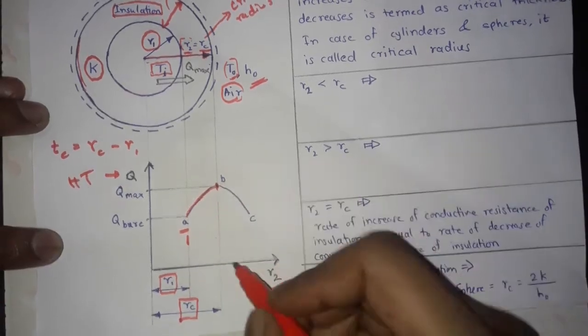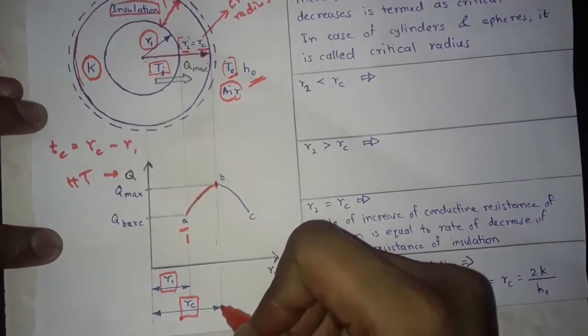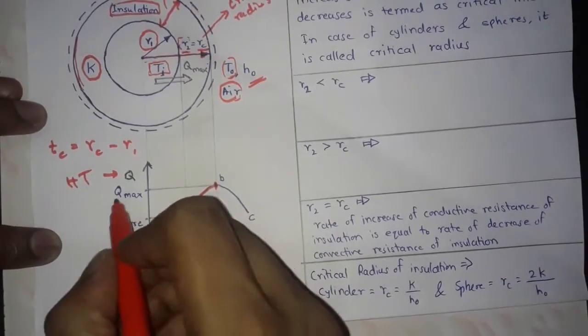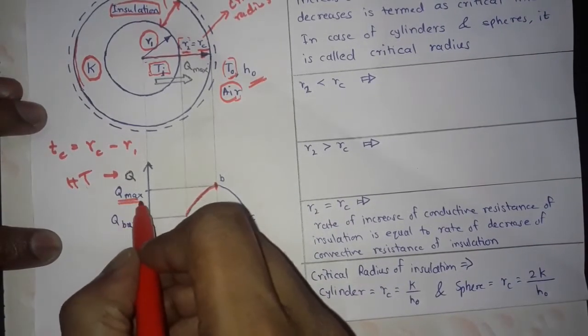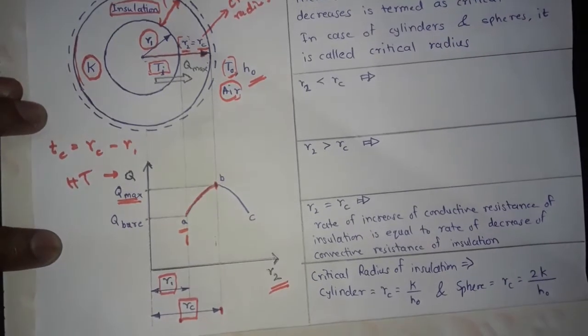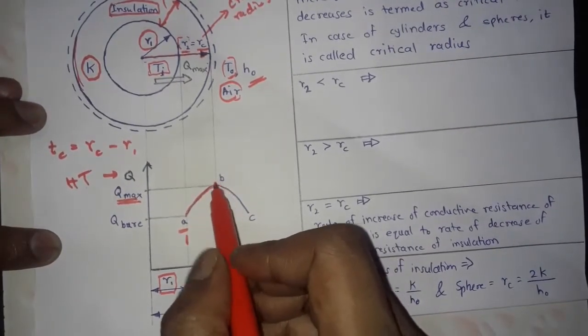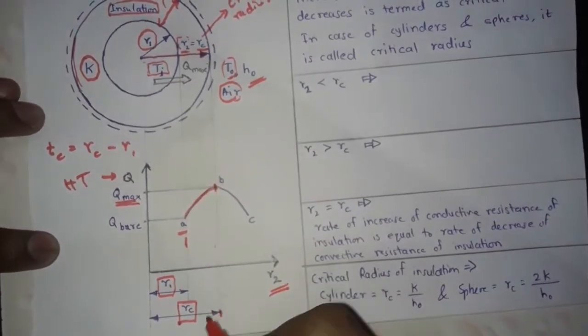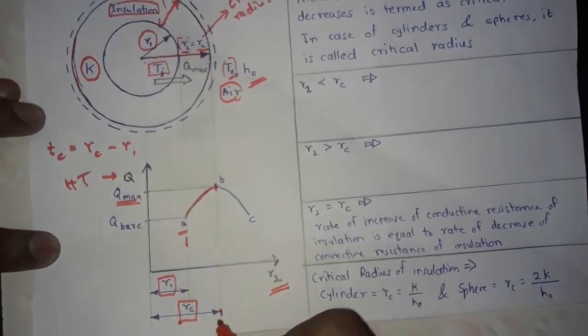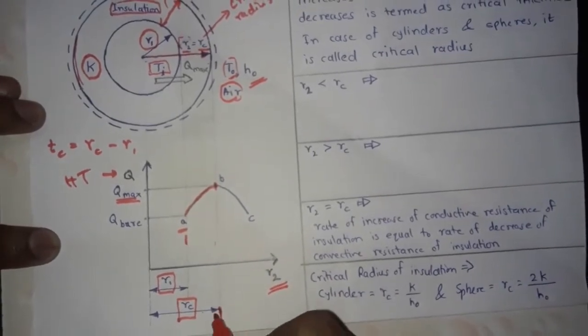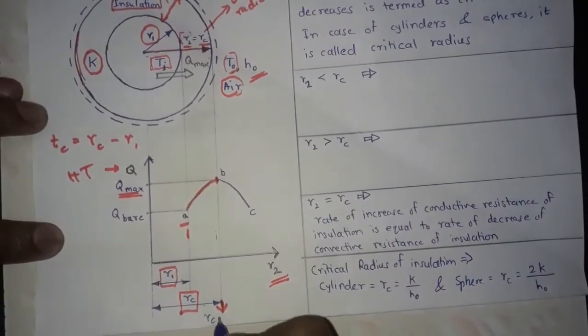At critical radius heat transfer is maximum, q max. And further, at this point, rc is equal to r2.